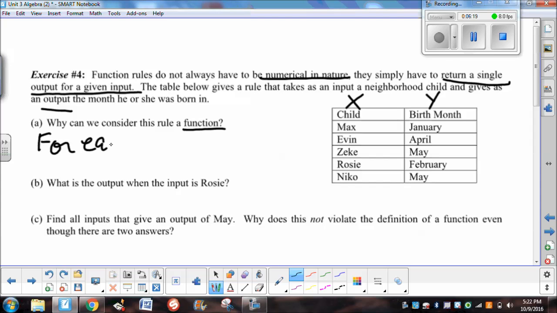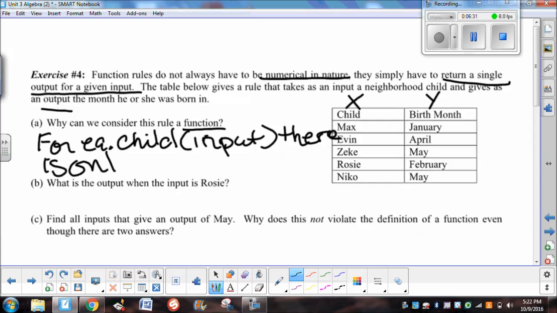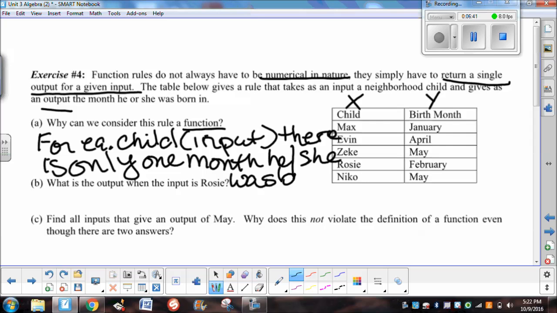So for each child, which is our input, there is only one month he or she was born, which is our output. Okay, so that's essentially our definition of a function.